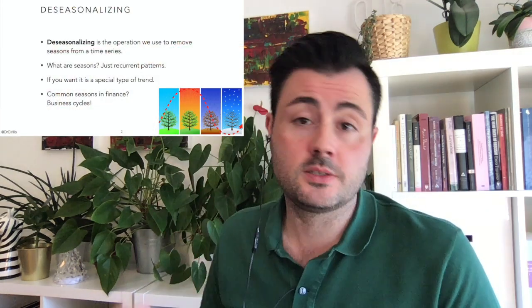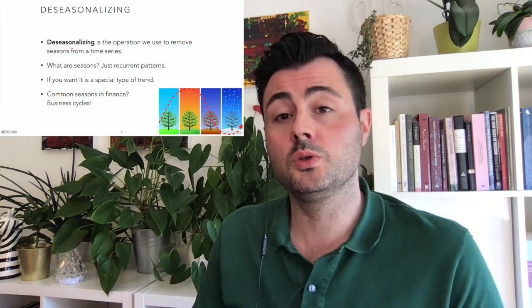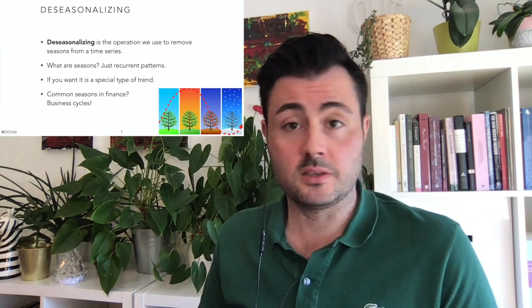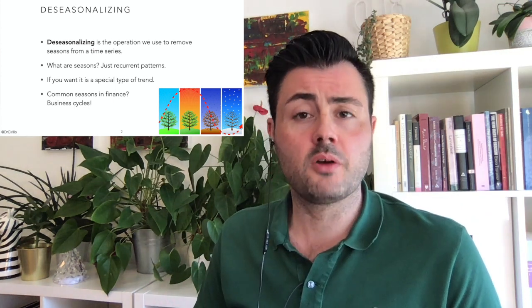As detrending is the operation that we use to remove a trend from a time series, deseasonalizing is the operation that we use in order to remove a season that, I repeat, is nothing more than a recurrent pattern in the data. So we always observe some sort of waving behavior in the data.